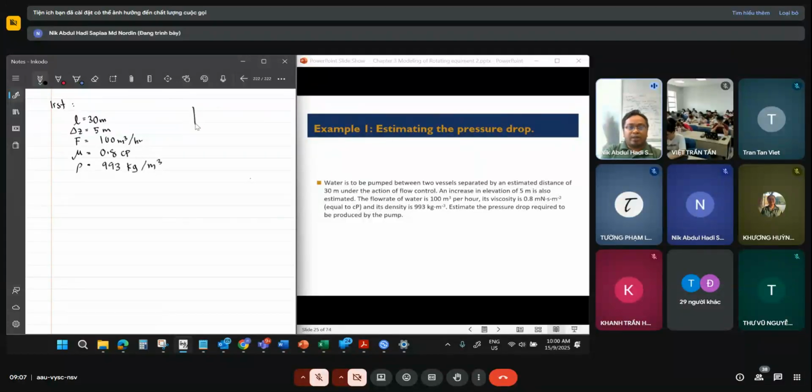So we are to estimate what is the pressure drop in order to transport liquid from tank 1 to tank 2. So this is all the information that we have.